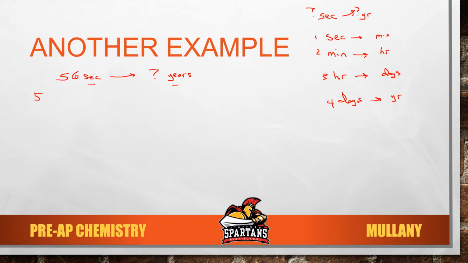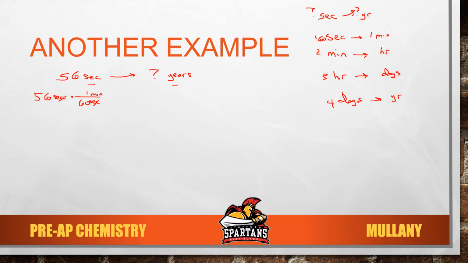So first, write down what you've been given to convert, 56 seconds. We know that there are 60 seconds in a minute. The unit you start with always goes on the bottom. Seconds here, minutes here. 1 minute, 60 seconds. Cancel the seconds.